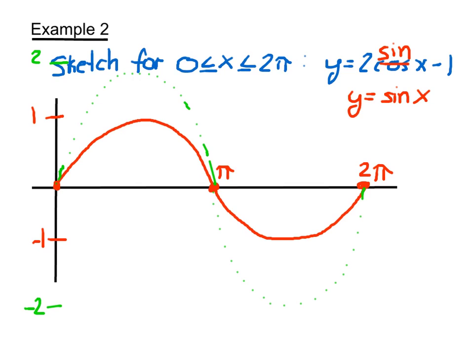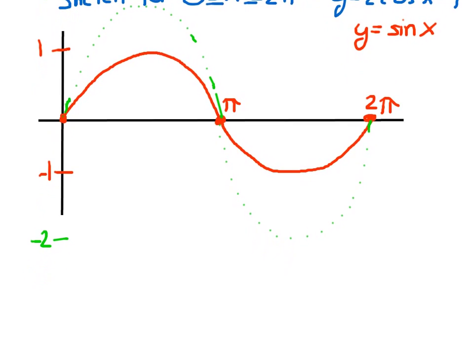The next thing that we need to consider, and the only other difference, is this -1 out here to the right. And remember that the -1, I'm not in parentheses here, that -1 shifts that green graph down one unit. So I need a little bit more room here. I'm going to move my graph up.